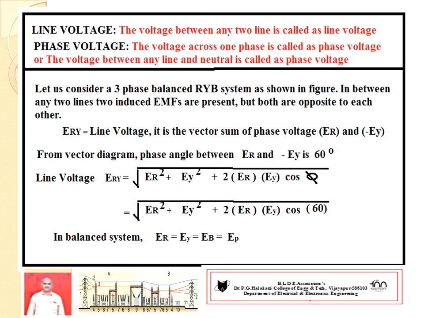It is 60 degrees. Next, you substitute cos 60. But in a balanced system, all phase voltages are equal. That means ER equals EY equals EB. Generally, phase voltage is marked as EP.